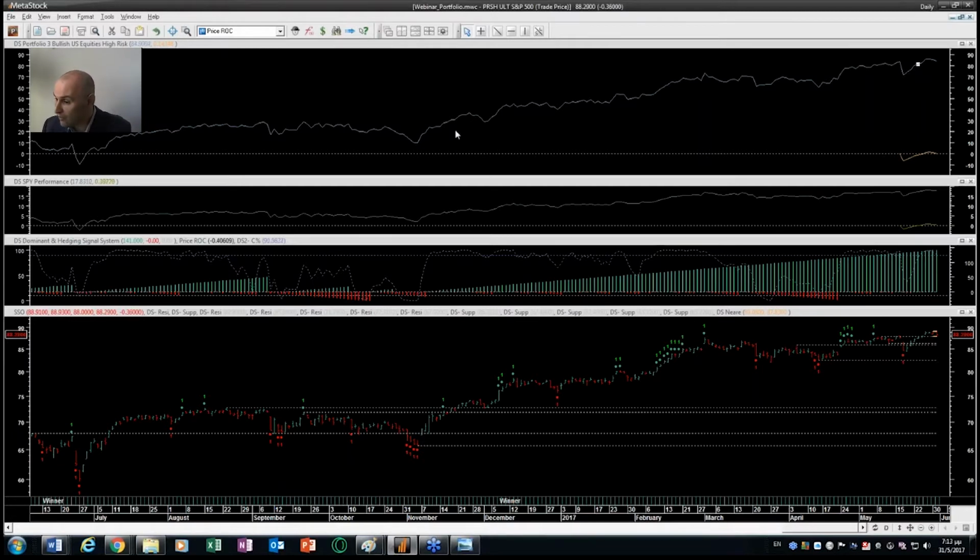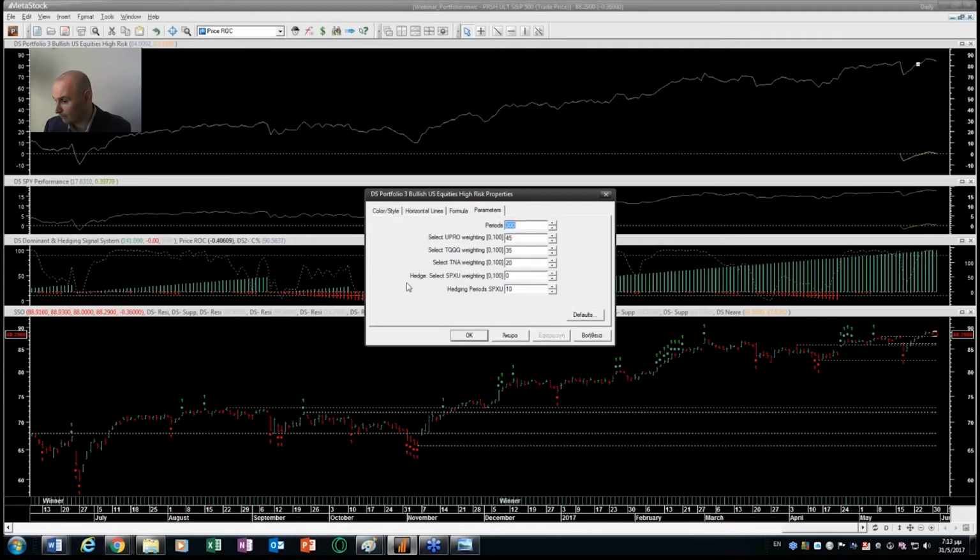Okay, so now here we have a portfolio. It's a portfolio with a few inputs. In another MetaStock version, there might be even more inputs that we can put. So here, what we need is 4 choices. This is a US bullish high-risk portfolio.